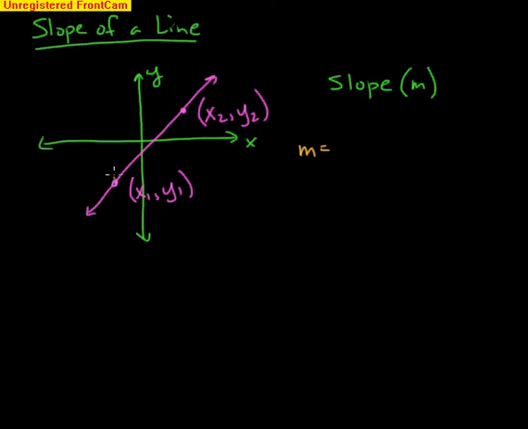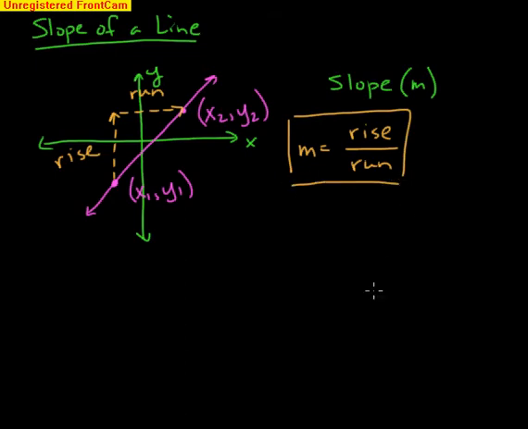First by counting up till we get to the same level as the second point, and then counting over. So we would count up and then over. When you go up or down, this is considered the rise, and when you go left or right, that's considered the run. And here is how you find slope by counting. Rise over run.